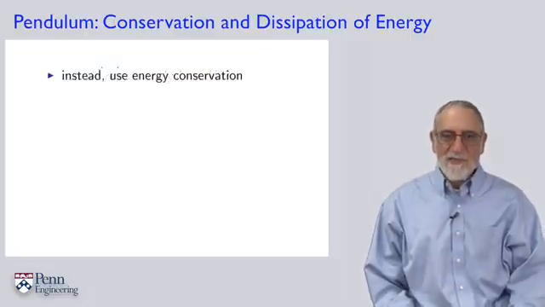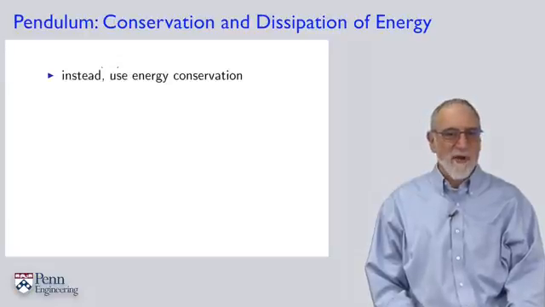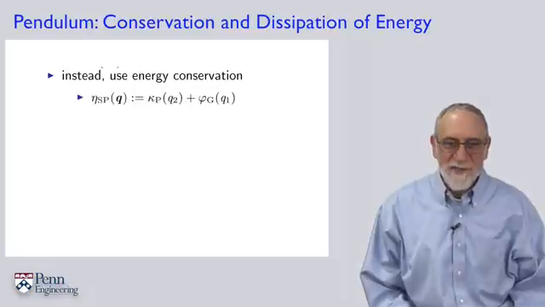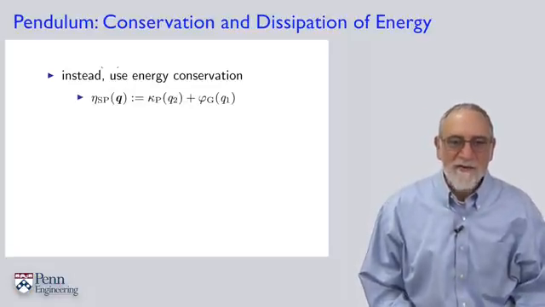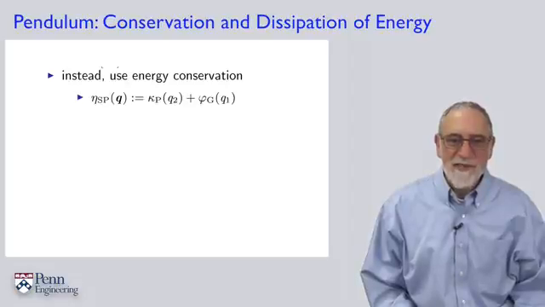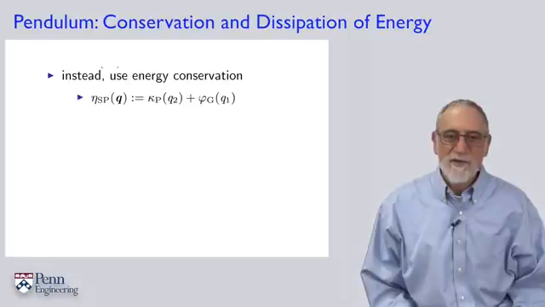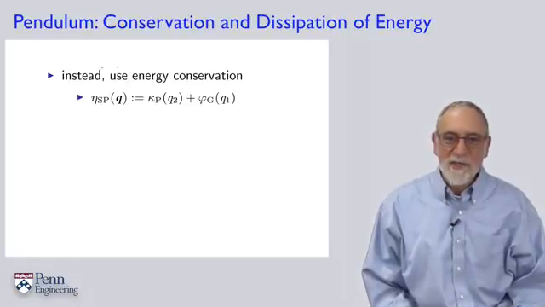Instead, let's try to use an energy conservation argument to deduce the asymptotic properties of Q of t over time. Let me write down again eta sub sp, the total energy of the simple pendulum. Now I'm going to write down the kinetic energy of the pendulum, which depends only on the velocity Q2, together with the potential energy due to gravity, which depends only on the angle position Q1.